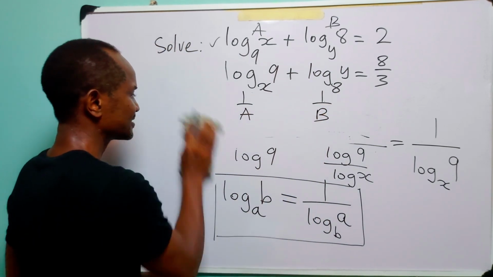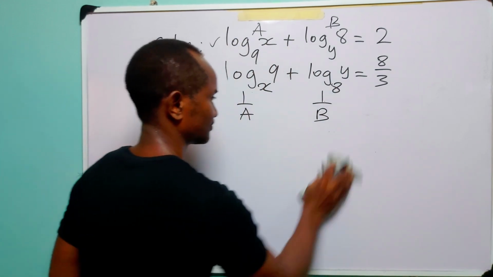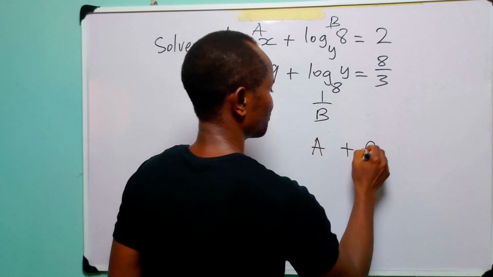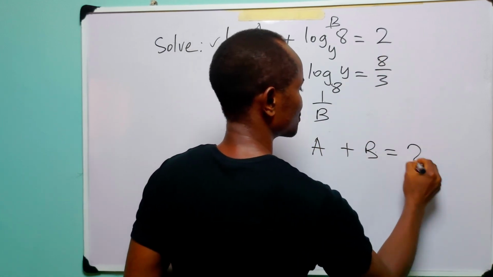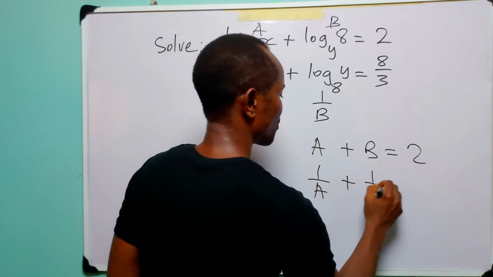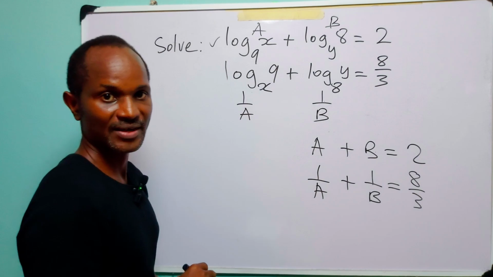So we can rewrite these two equations as a plus b is equal to 2, and 1 over a plus 1 over b is equal to 8 over 3.